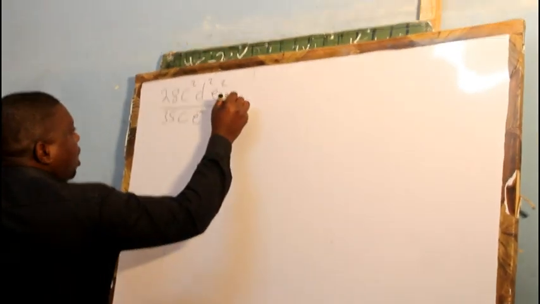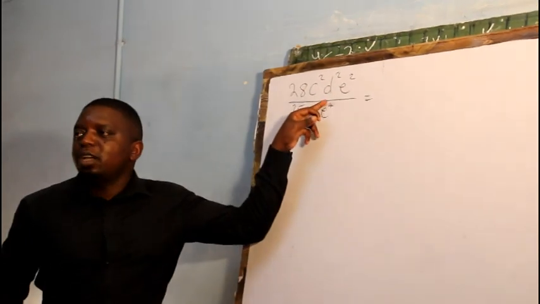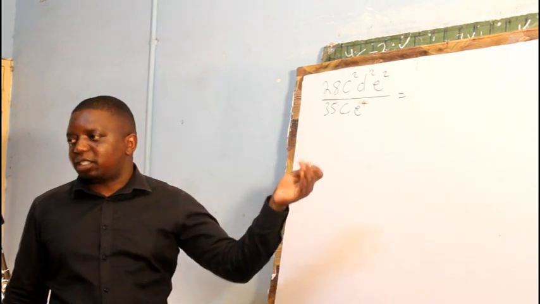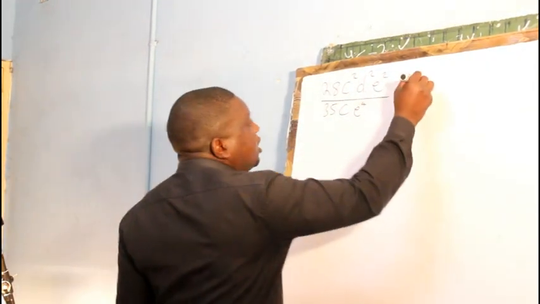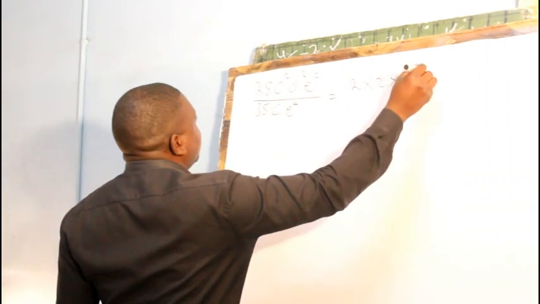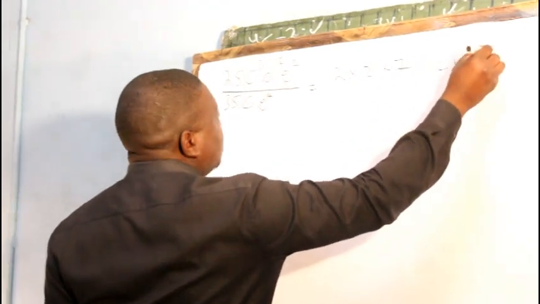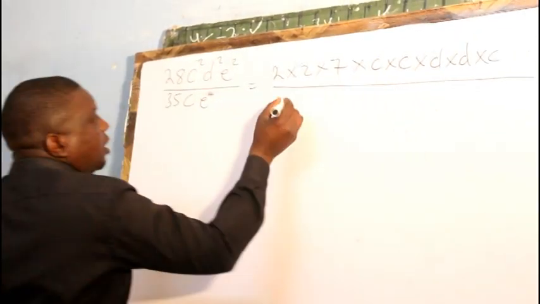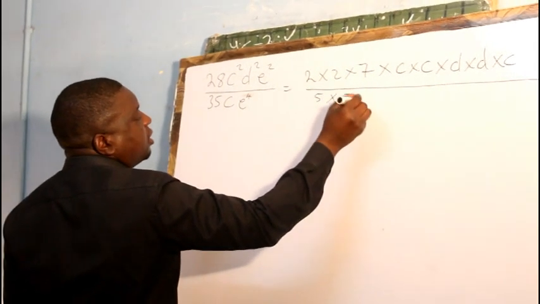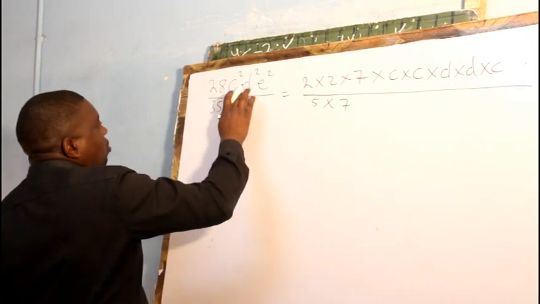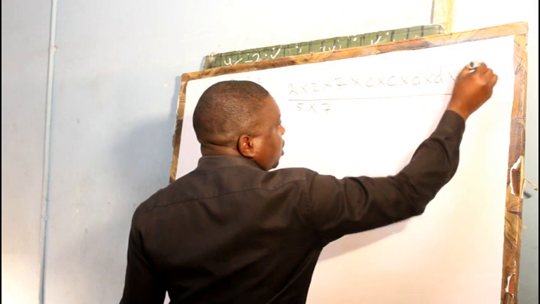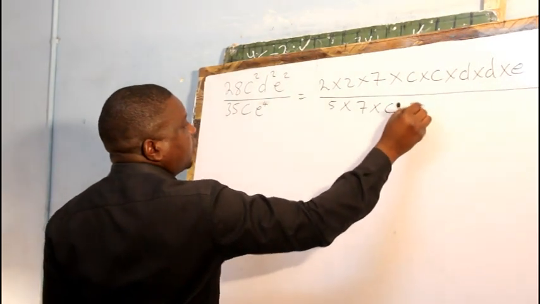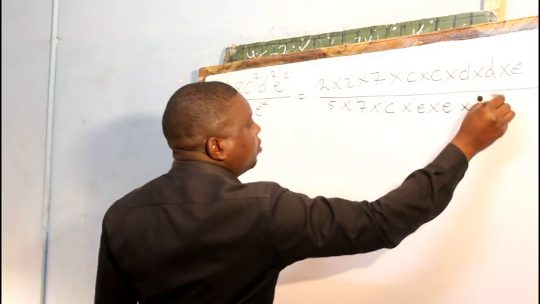So we first factorize both the numerator and the denominator so that we can identify common factors that will cancel off. 28 is equal to 2 times 2 times 7 times c squared, which is c times c times d times d times e times e, all over 35, which is 5 times 7 times c times e times e times e times e.